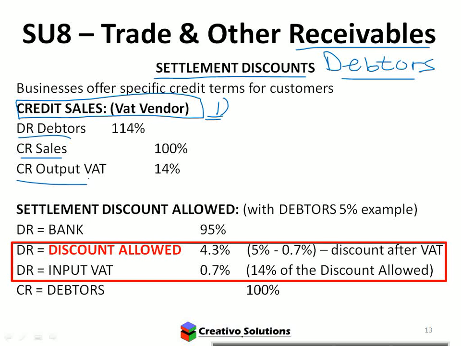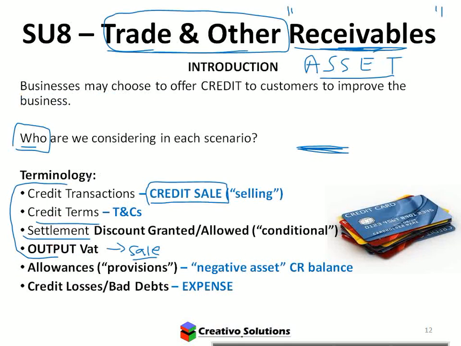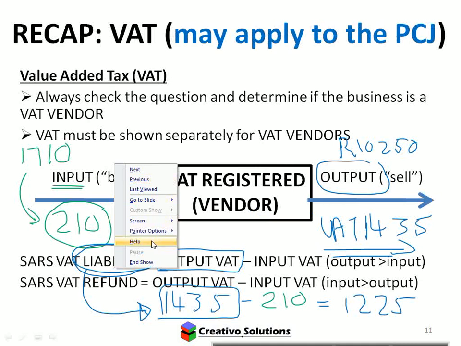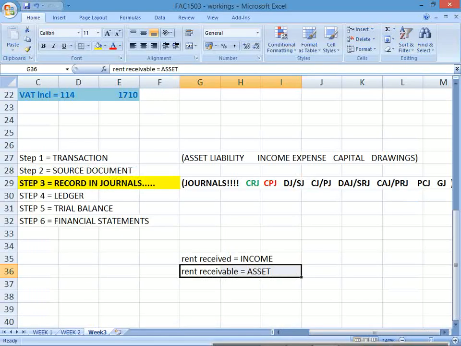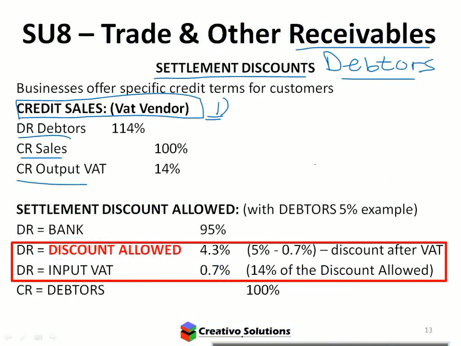So when does VAT arise? When I buy, when I sell. What did I do here? I sold. So if I'm selling, do I have in or out? Out. See, it's easy. Goods are going out because you're selling, so therefore I have output VAT, liability increase.